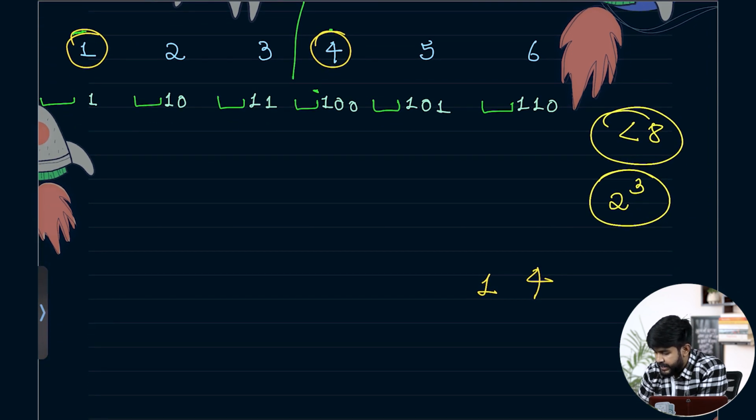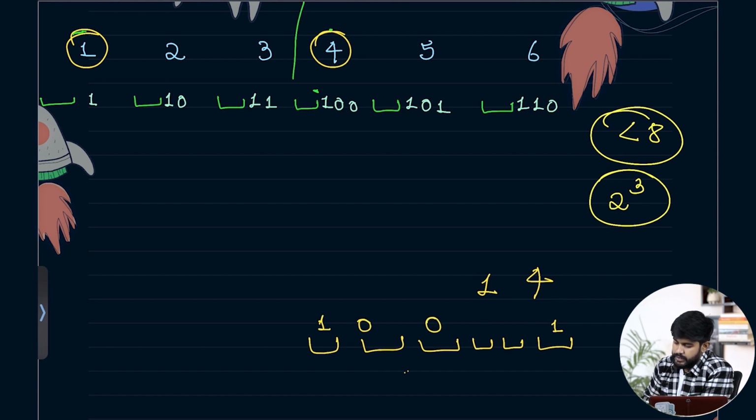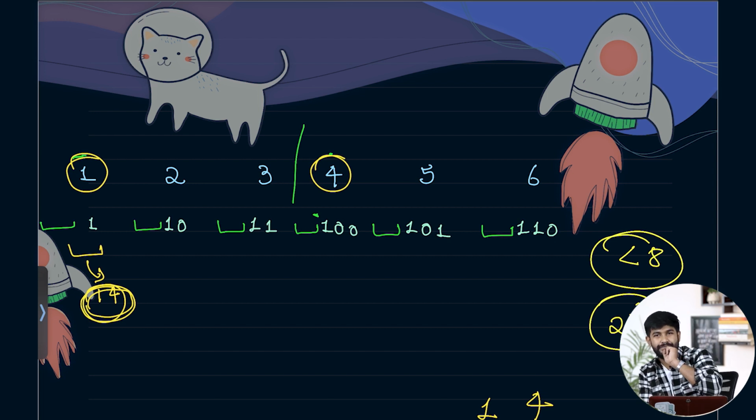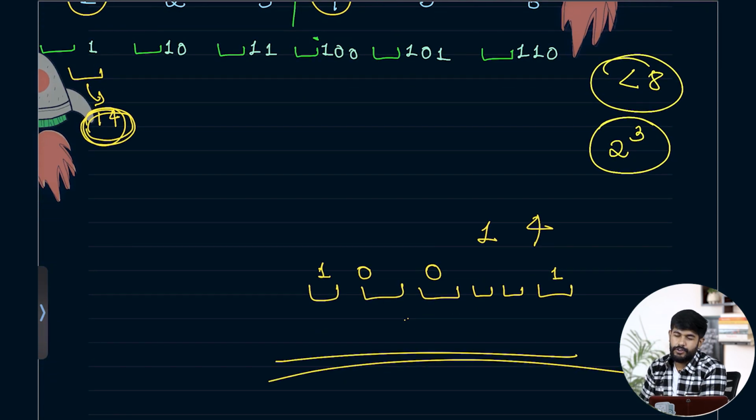So 1, you use this block, and 4, you kindly use this block. So 4 would say, okay, just have me here. By doing this, at this position you would be able to store 2 variables in a single position. A combination of 1 and 4 can be stored in this format.